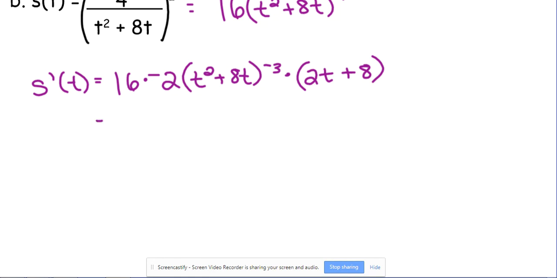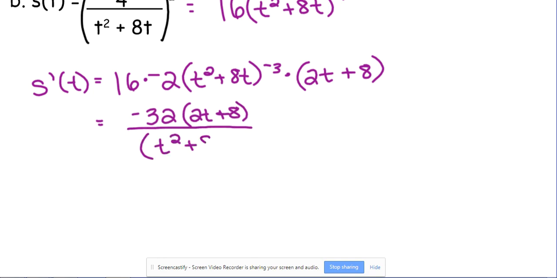So let's see here. We've got negative 32 times 2t plus 8 over t squared plus 8t to the third.